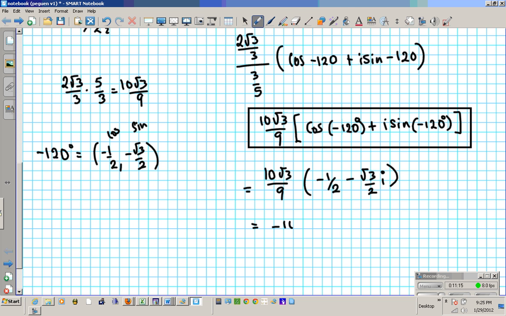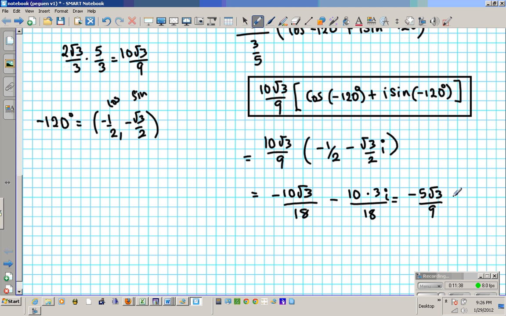negative 10 root 3 over 18 minus 10 root 3 times root 3, which is root 9, which is just 3, right? Over 18. Alright. Now to simplify that, we're going to get negative 5 root 3 over 9 for the real part, and for the imaginary part, minus 5 times 3 is 15, right?